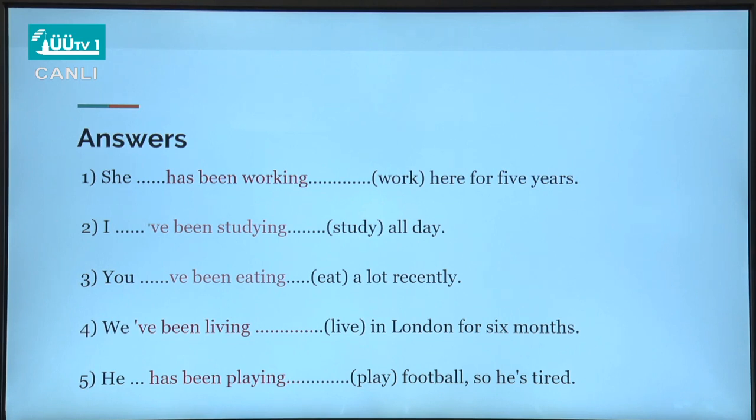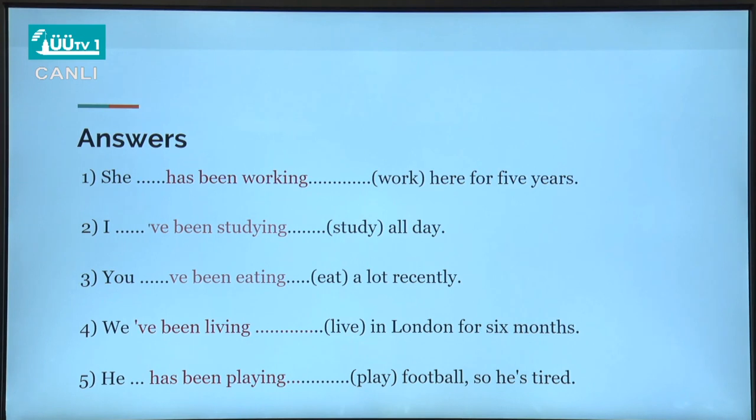So now let's look at the keywords for it. For the first question, you have 5 years, which means she is still working. For the second question, we have all day, which means I have been studying all day, I am still studying.